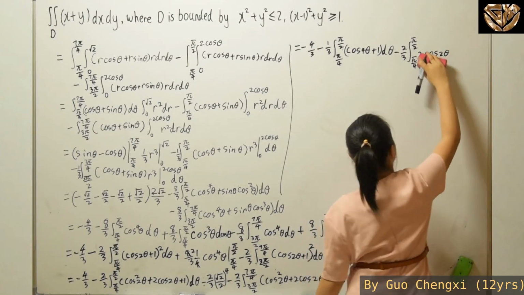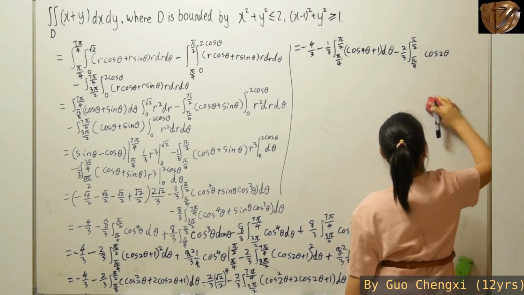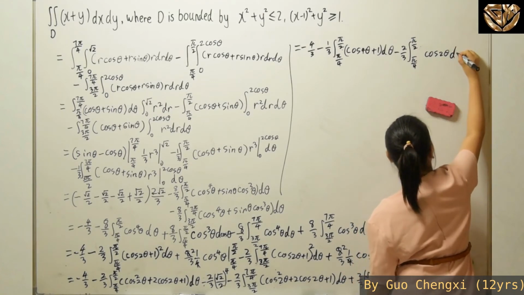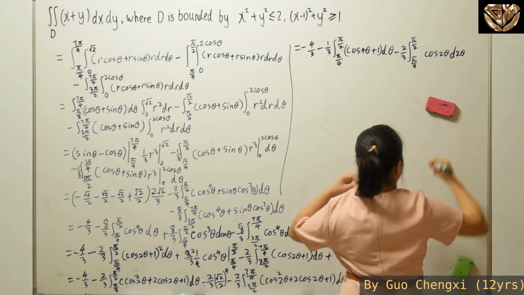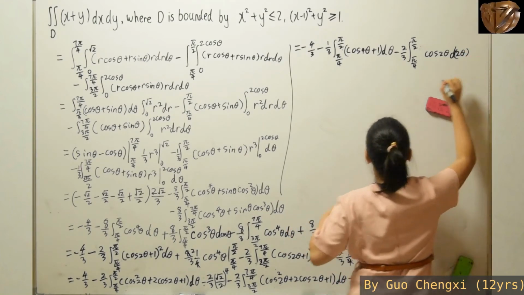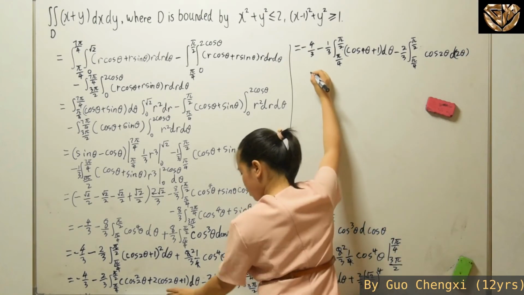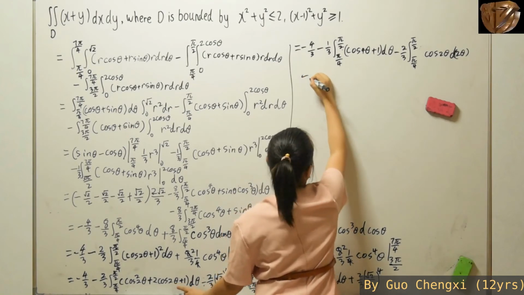So the 2 over here can be moved to the d theta and you get d2 theta. And here you can minus once again.